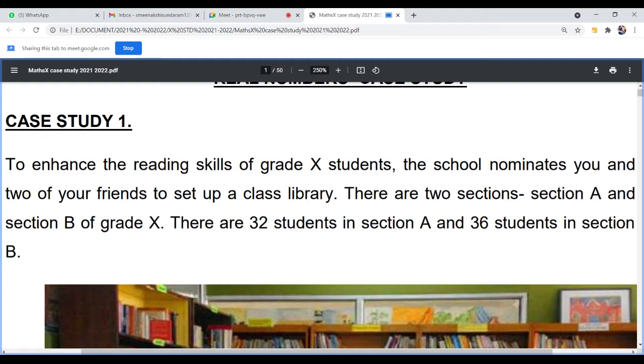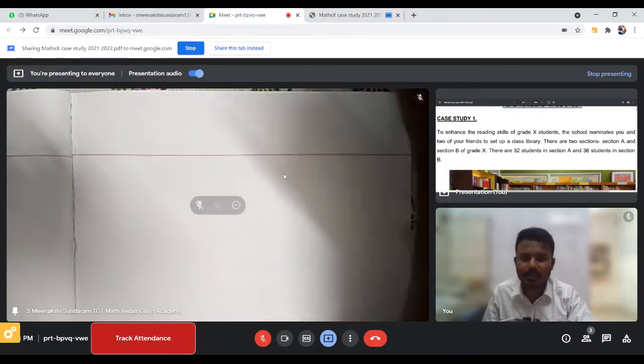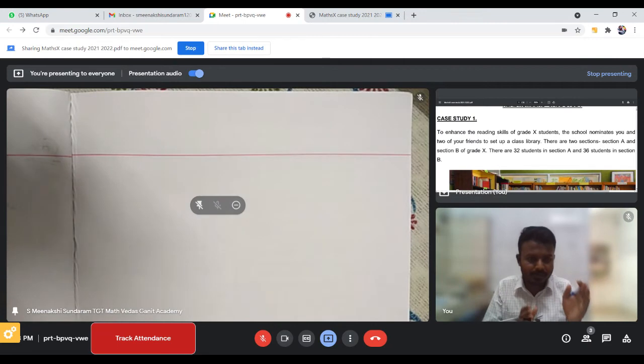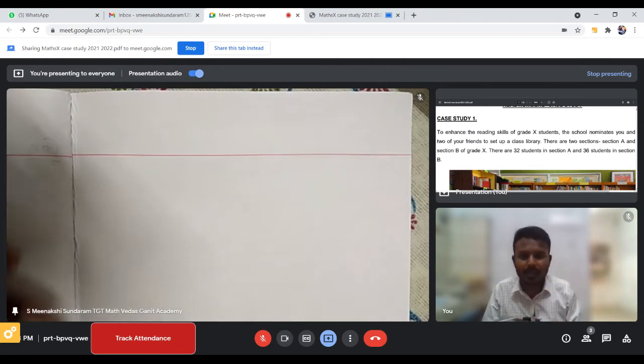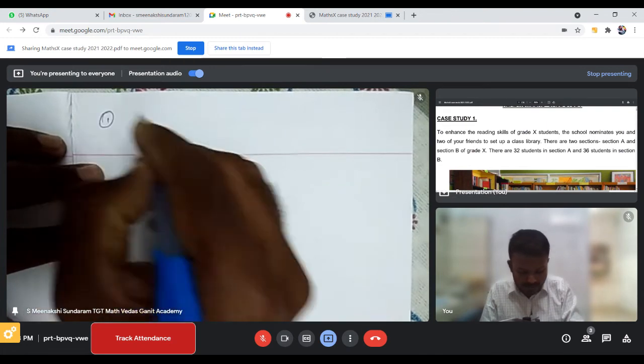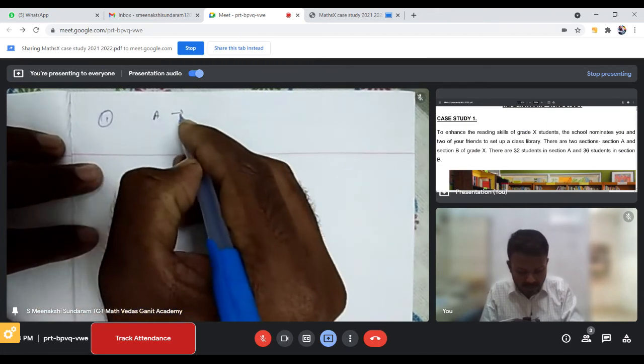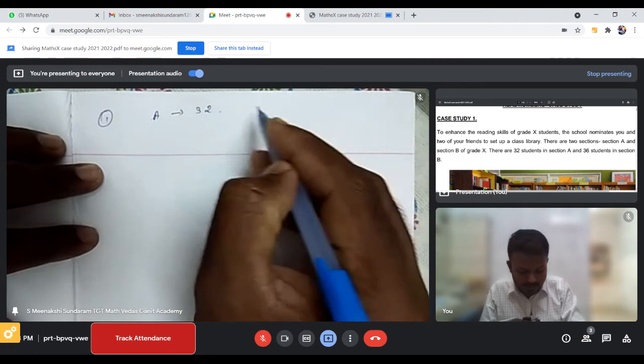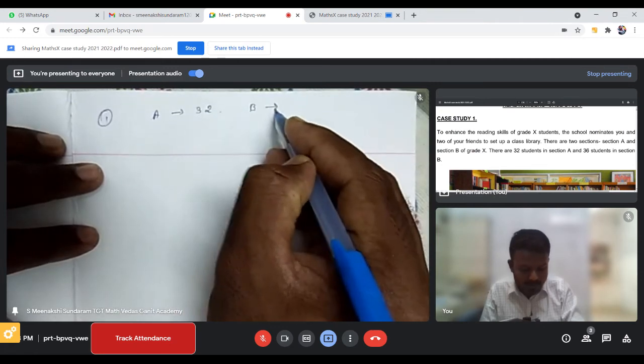There are 32 children in session A and 36 children in session B. So from these three lines, what is the given information? Session A has 32 students and session B has 36 students.